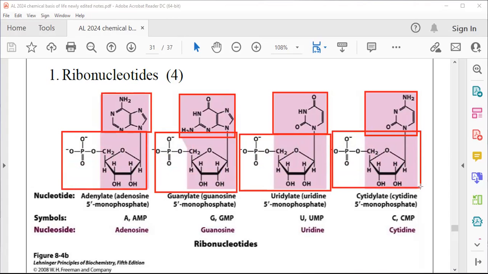Which component differs? From one ribonucleotide to another ribonucleotide, which component differs?